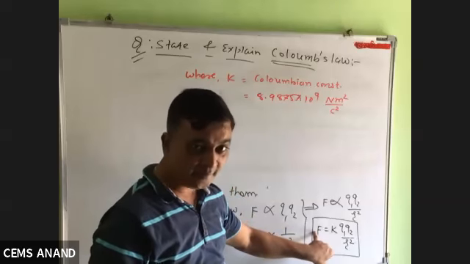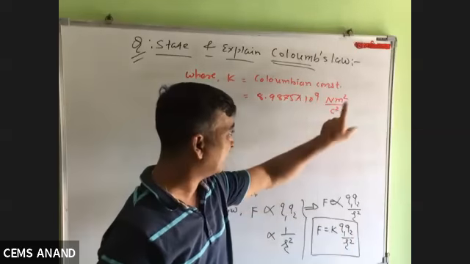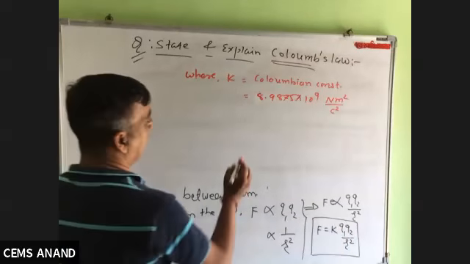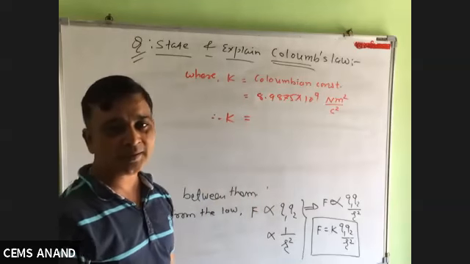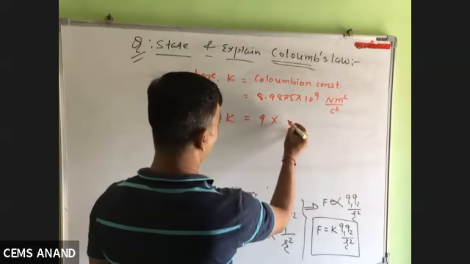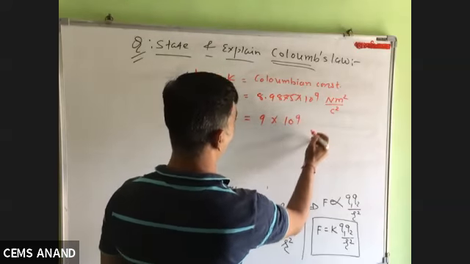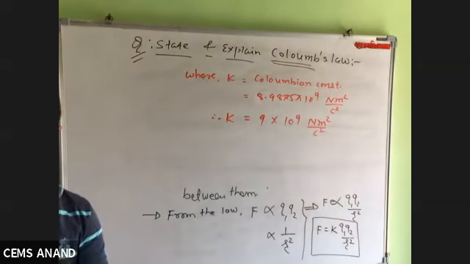So Newton, meter square, and coulomb square. And in common for numerical purposes, the value of K used is 9 into 10 raised to 9. Okay.